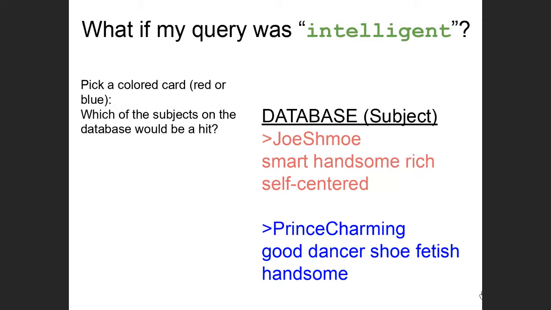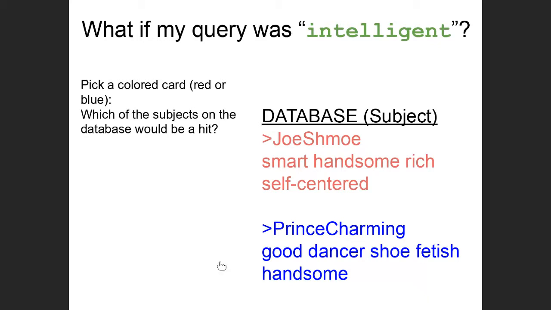Right now, intelligent, I know you guys said, oh, this one says smart. Good thinking. But if it was Amazon, it probably would know to look for synonyms. But if this was a protein sequence or DNA sequence, it wouldn't match either of them.